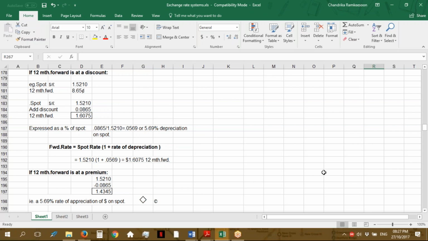Because in both those examples, the currencies of the countries differ. On the one hand, we looked at dollar against sterling. On the other hand, we looked at the euro against sterling. Now let's compare that with this third example. A UK firm buys goods from a US firm and the amount is due immediately.